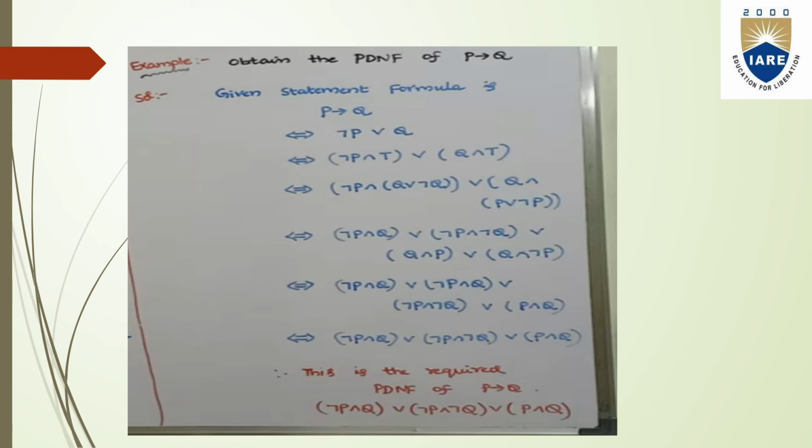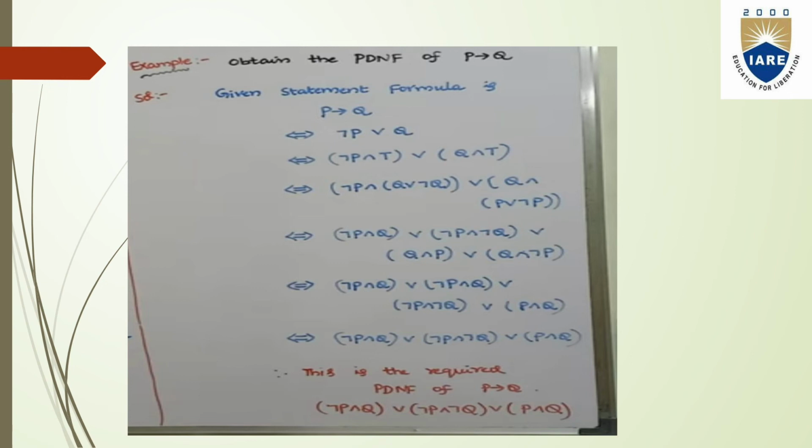In the next step, we are writing it as negation P and (Q or negation Q), or Q and (P or negation P). Here we are replacing T with Q or negation Q and P or negation P, because both of these are technically equal to T. In the fourth step, we are applying the distributive law and writing the equation.